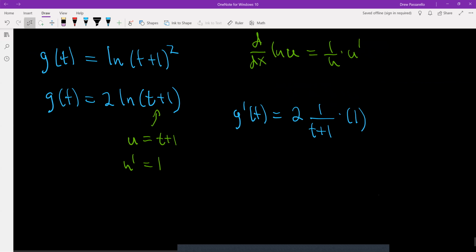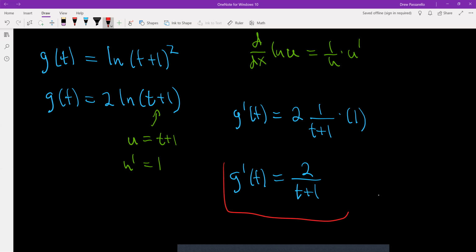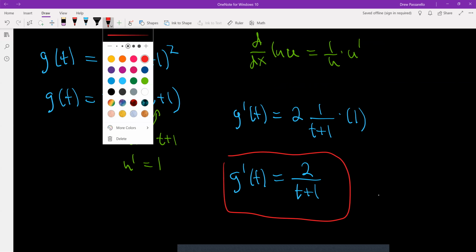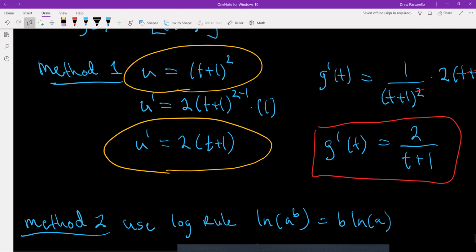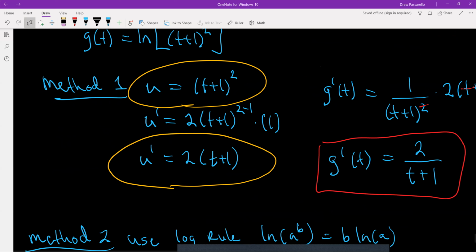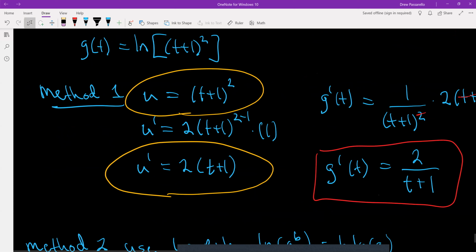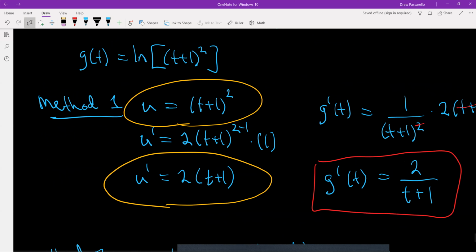So the same answer, 2 over t plus 1. All right, and that is up to you which way you want to do it. Personally, I would have done it the second way, just because I remember my natural log rules. But you could still do it the first way. It's just you have to use chain rule when you're taking the derivative of t plus 1 squared, which is the general power rule.